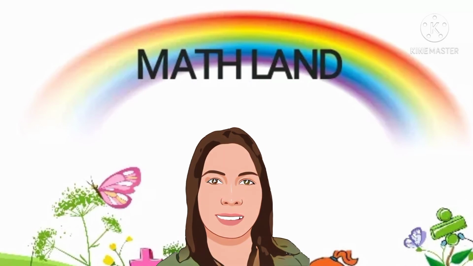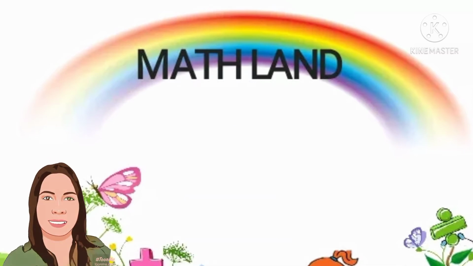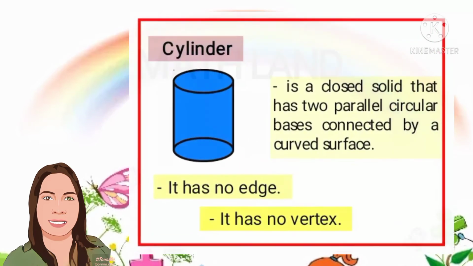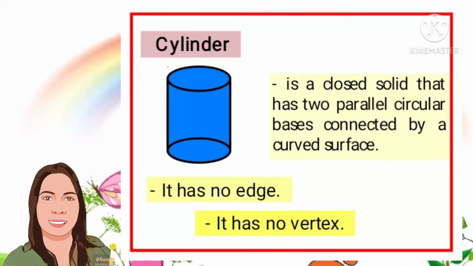Let us now describe the other solid figures. Here's another solid figure, the cylinder. A cylinder is a closed solid figure that has two parallel circular bases connected by a curved surface.